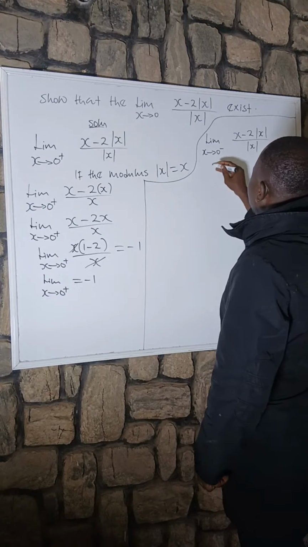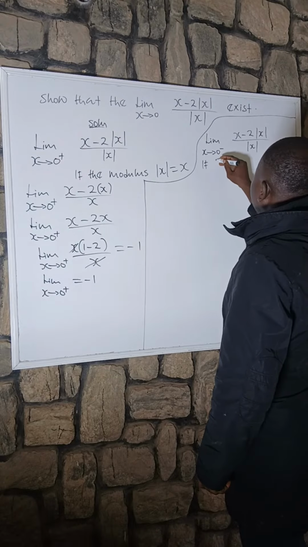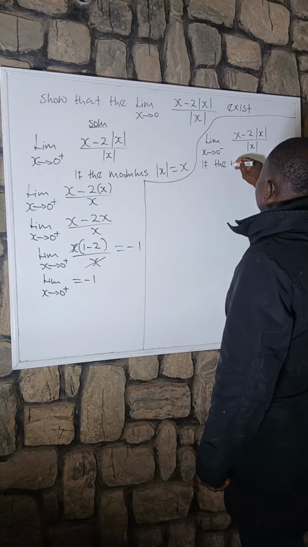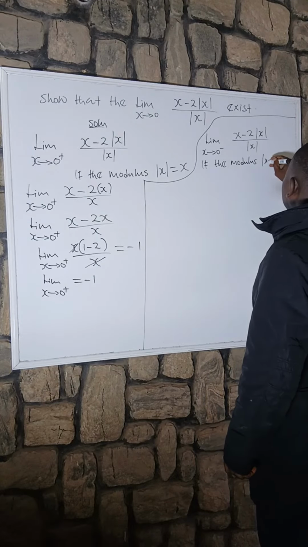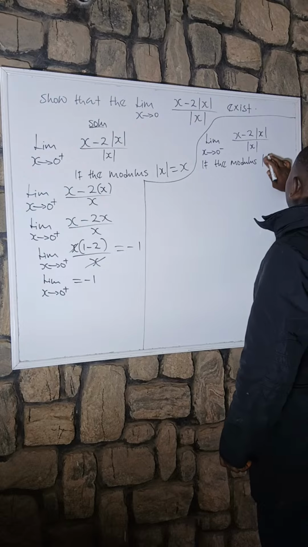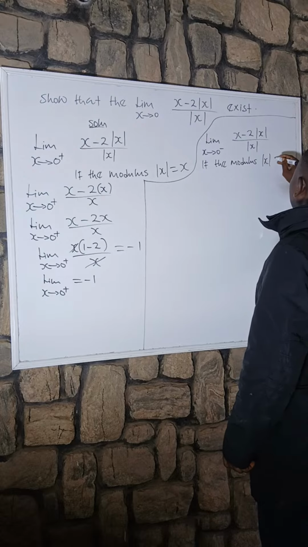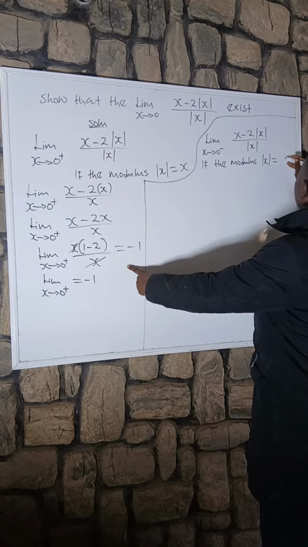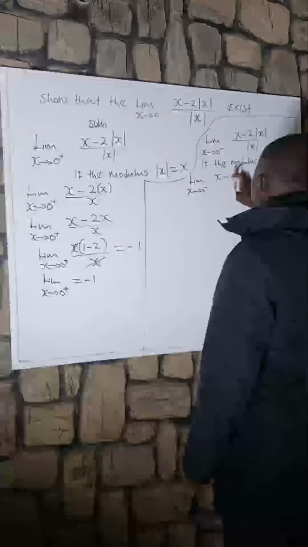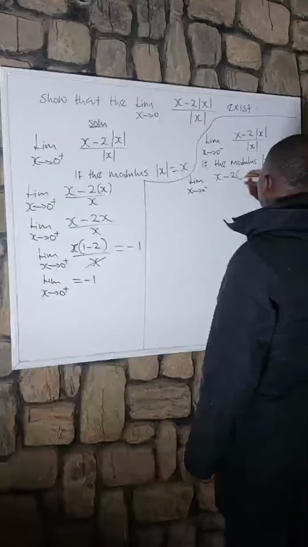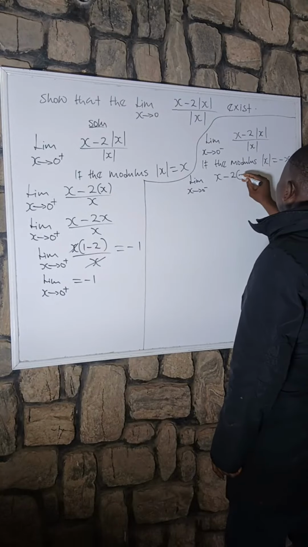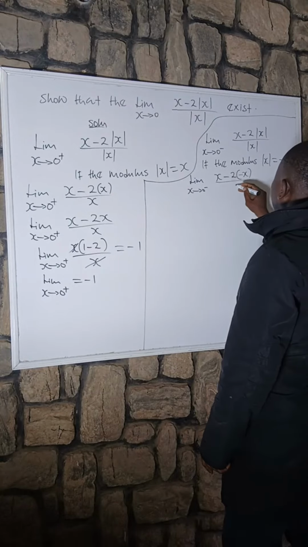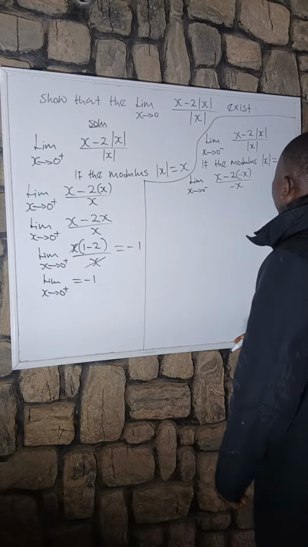Since x is negative, the absolute value of x is minus x. Open bracket, instead of modulus x, we are going to write minus x all over minus x, true or false?